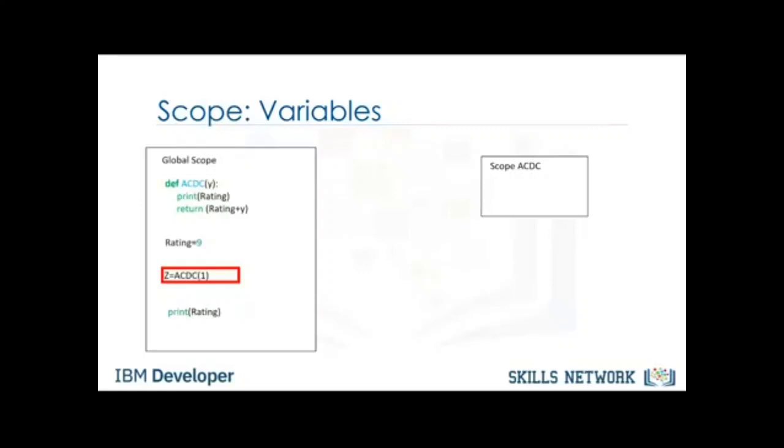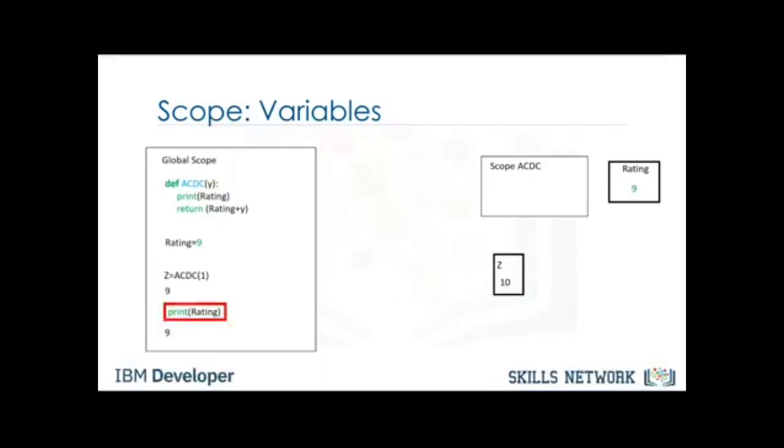As a result, Python will leave the scope and check if the variable rating exists in the global scope. It will use the value of rating in the global scope within the scope of ACDC. In the function, we'll print out a 9. The value of z in the global scope will be 10, as we added 1. The value of rating will be unchanged within the global scope.